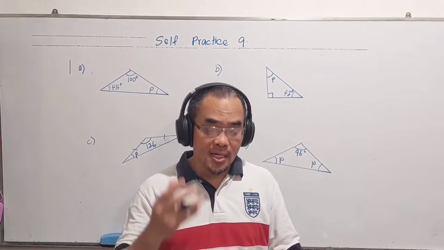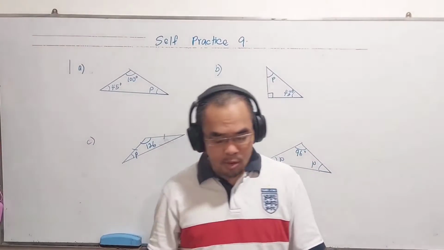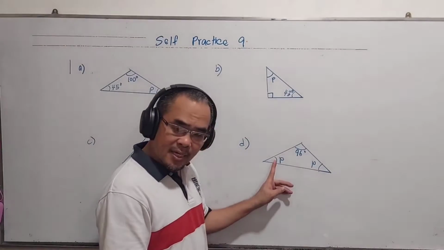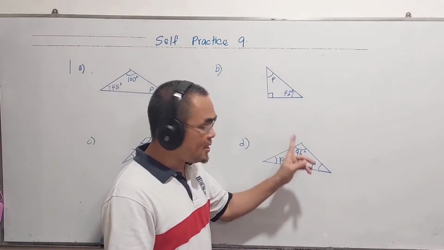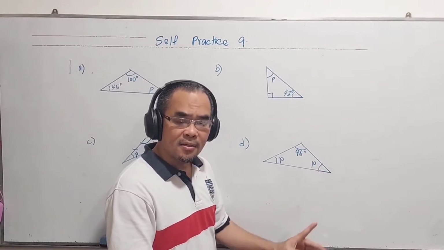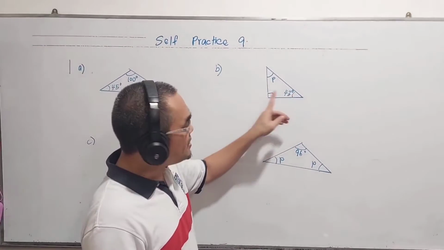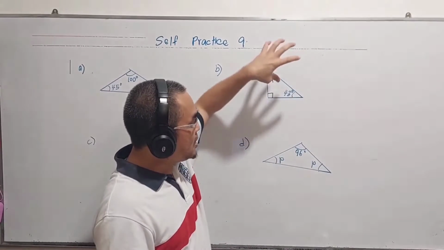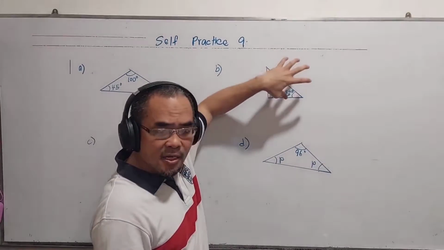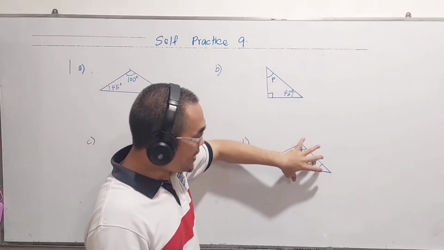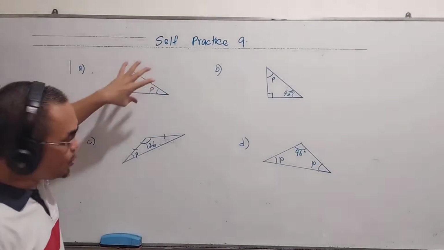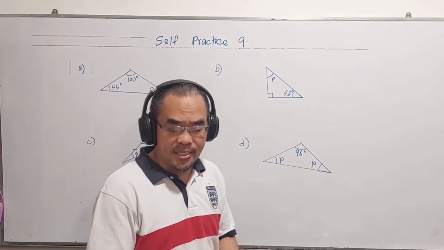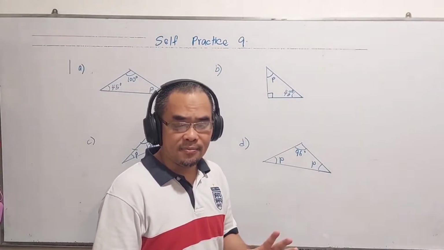You just draw a triangle and using a protractor, you calculate the angle here, here, and here, and you add. The total angle in any triangle will be 180 degrees for any triangle.